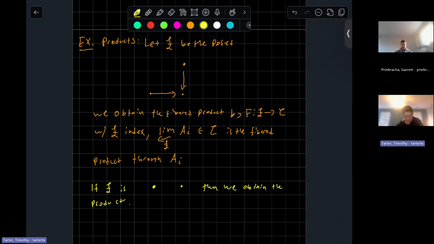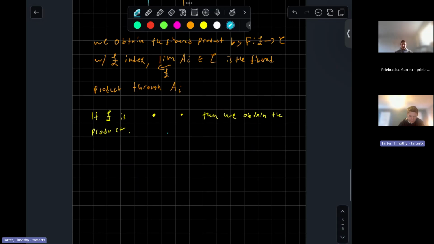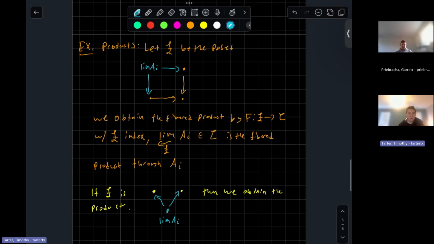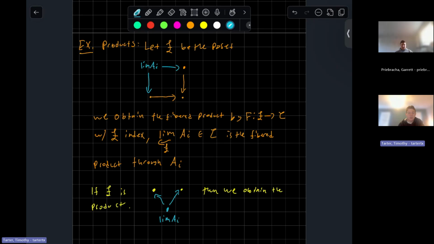You can kind of picture lim A_i flowing like that. And as long as the A_i piece is actually indexed by the yellow poset or the orange poset respectively, then the limit is the thing that flows into both. That makes sense.